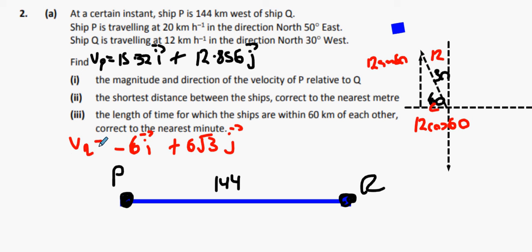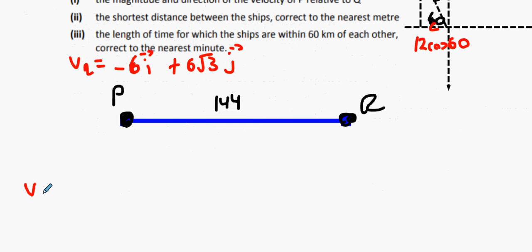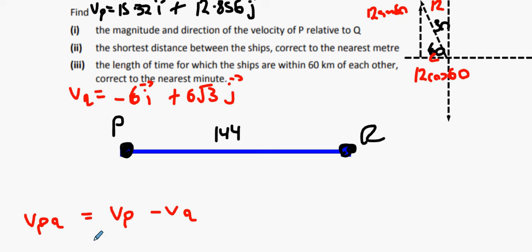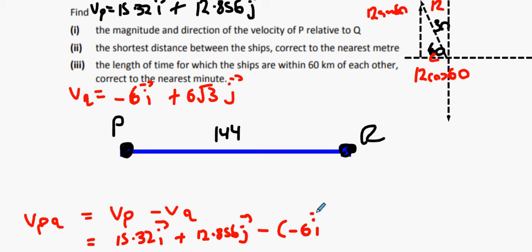Okay, first question. Find the magnitude and direction of the velocity of P relative to Q. So it wants v PQ, the velocity of P relative to Q, which is v P minus v Q. So v P is 15.32i plus 12.85j, and then we're taking away minus 6i plus 6 root 3j.